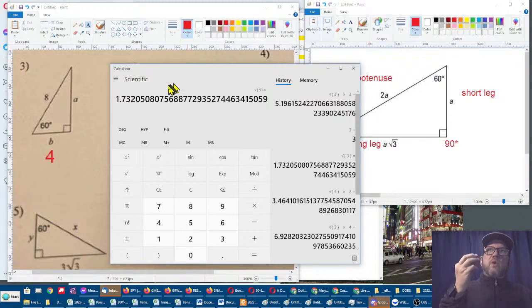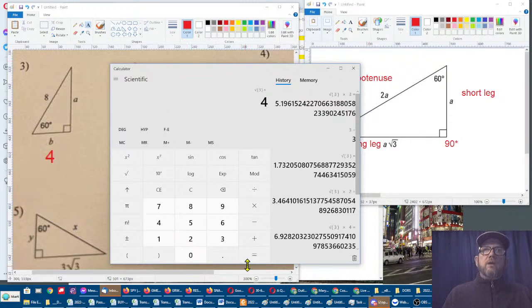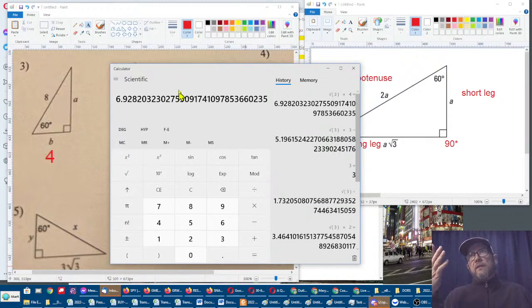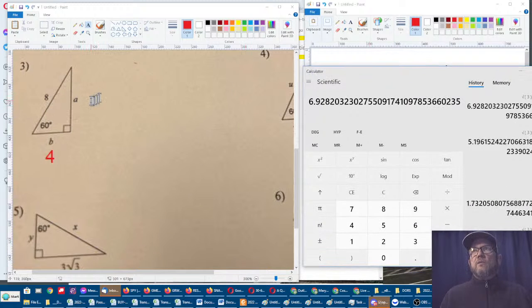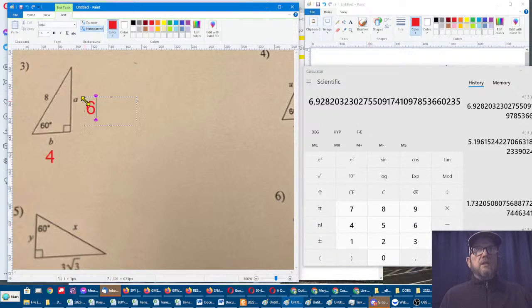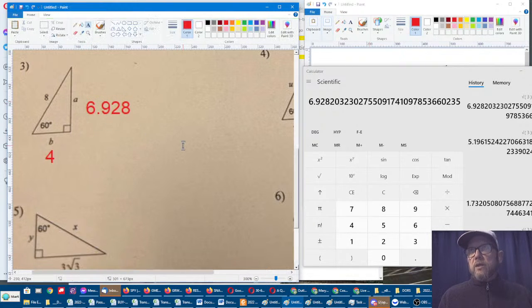I did the square root of 3 first, multiplied by 4, equals, and that's your answer, which is 6.928 for short. Okay?